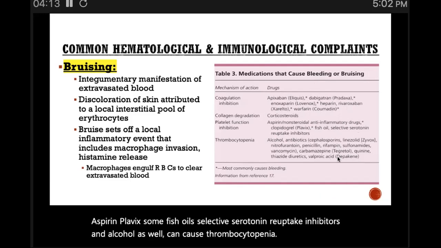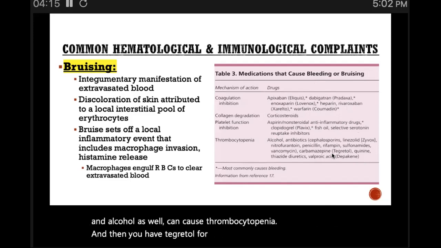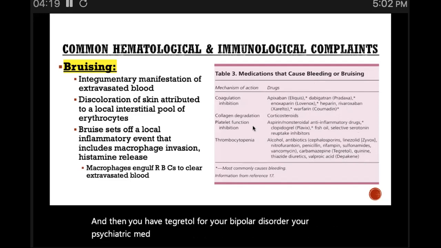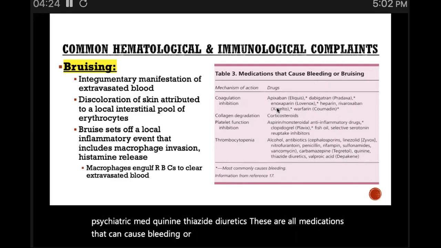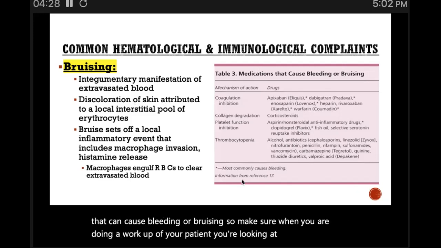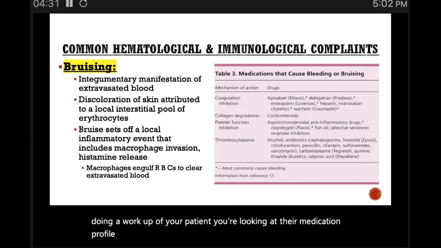And then you have Tegretol for your bipolar disorder, your psychiatric med, quinine, thiazide diuretics. These are all medications that can cause bleeding or bruising. So make sure when you are doing a workup of your patient, you're looking at their medication profile to ensure that that is not the cause.